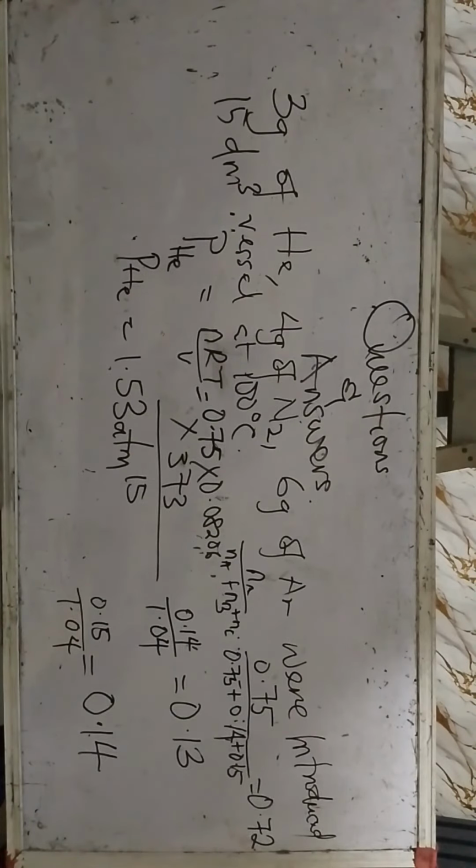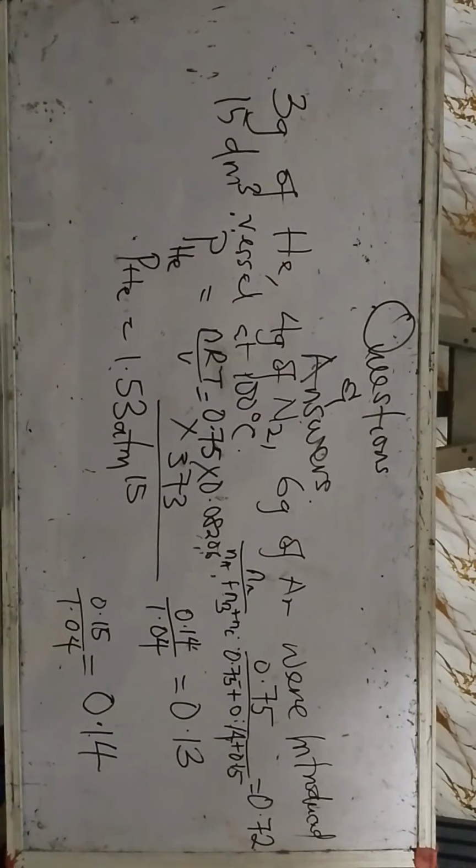So using the example that I've done with helium, you now calculate that of nitrogen gas and argon, and send your answer in the comment section. Please ensure you indicate that the nitrogen gas partial pressure is this many atm. Make sure you put your atm.